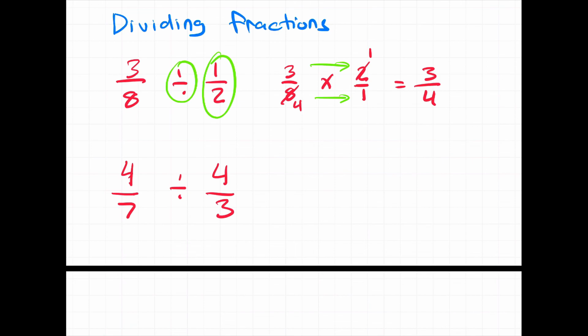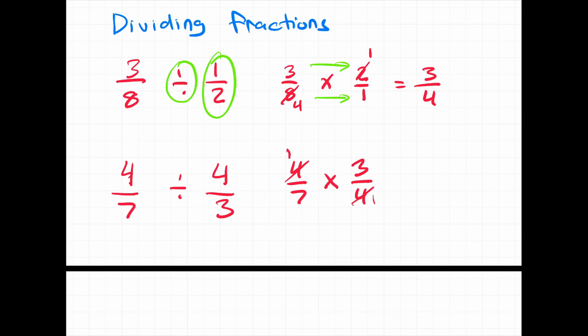So let's do one final example. Remember, we're not going to change the first fraction. We're going to change the division to multiplication, and we're going to flip the second fraction upside down, and then we're going to look for anything that can cancel. 4 goes into 4 one time and into 4 one time right there.